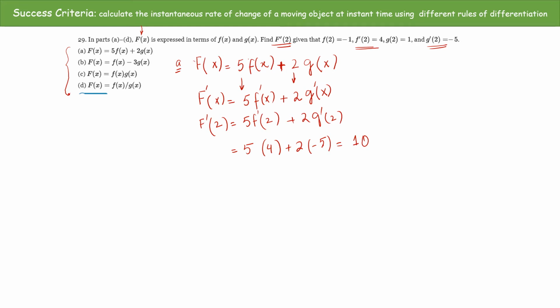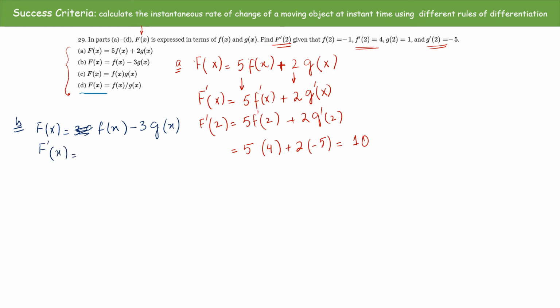It is so easy. Students just get confused when the questions come in the form of f or g rather than x squared or x cubed. Let's see and solve part B. Part B says capital F of x equals f of x minus 3g of x. Same thing, we will take the derivative using the sum and difference rule.